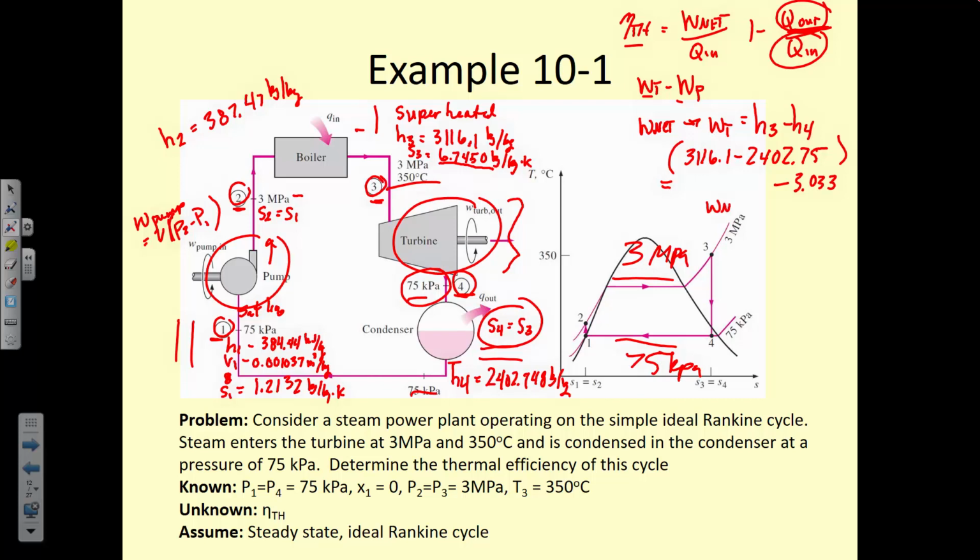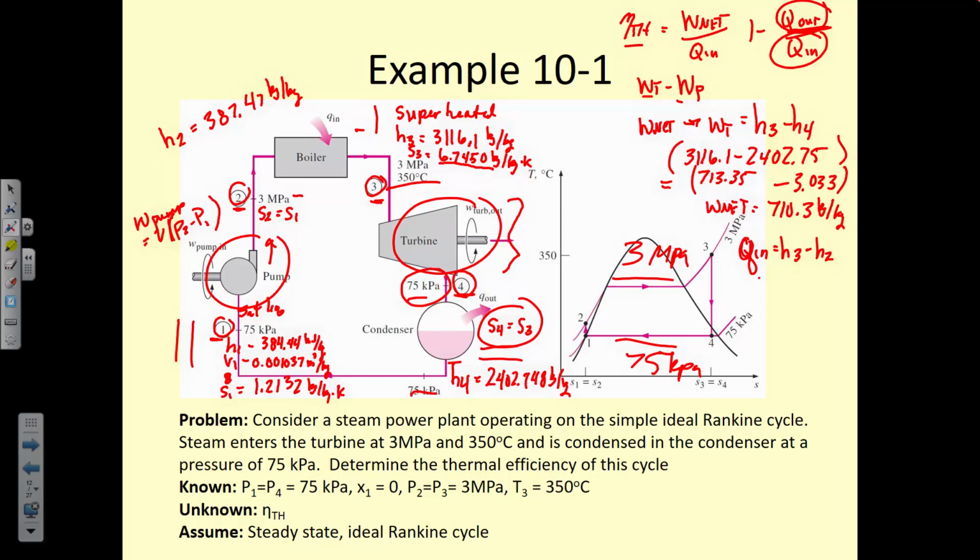So we find our net work is equal to 710.3 kilojoules per kilogram. Then we calculate q in, and actually this is a lowercase q because we don't know the mass at this point. q in is equal to H3 minus H2.